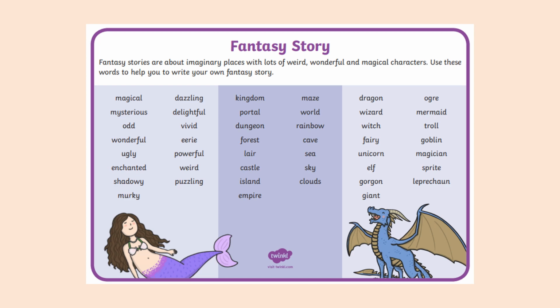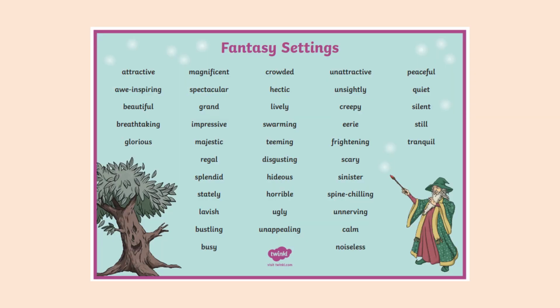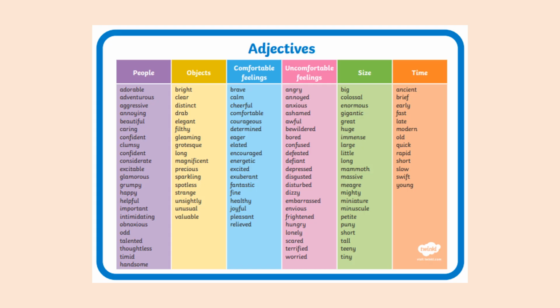So you can use these words to help you write your own fantasy story. This will all be uploaded to the school website as well. And this is also a word bank for settings. And these are just some general adjectives that you can also be using in your writing, describing people, objects, feelings, time.